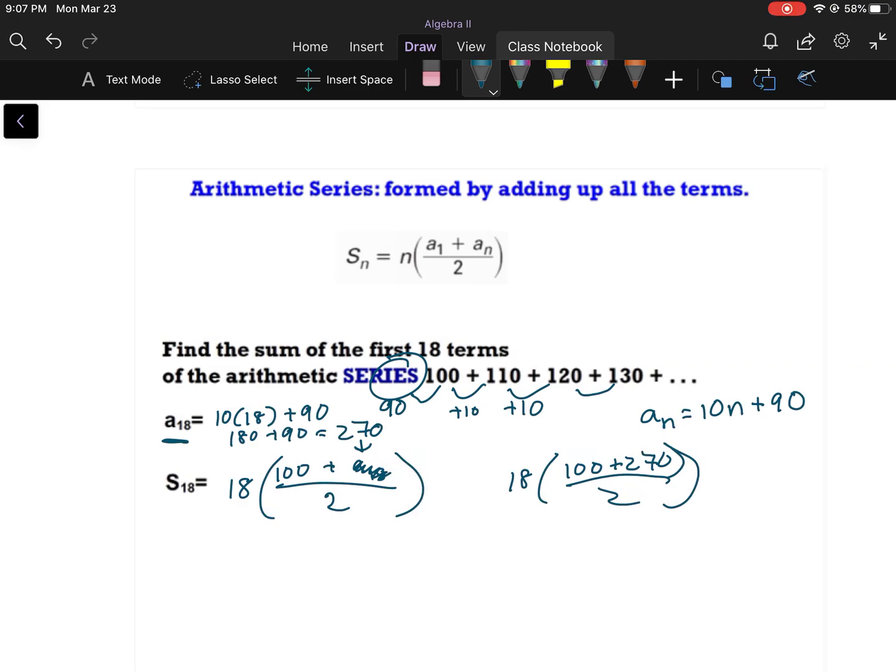So 370 divided by 2 times 18, and the sum of the first 18 would be 3,330. That's as if I were to write the first 18 numbers of the sequence out and then added them up, because it's a series.